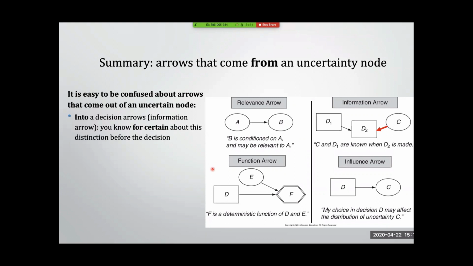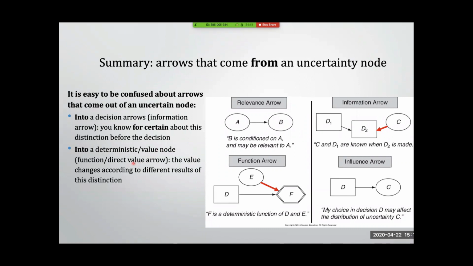If it is going into a decision, you have an information arrow. That means the uncertainty is observed for sure before making this decision. If it is going into a deterministic or value node, or a double-lined node, then it would be a function arrow.